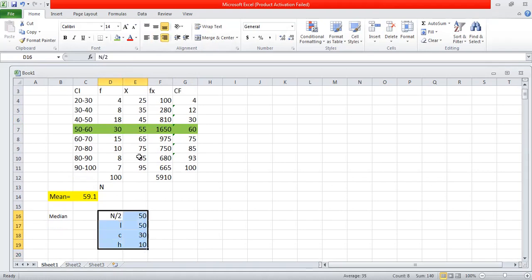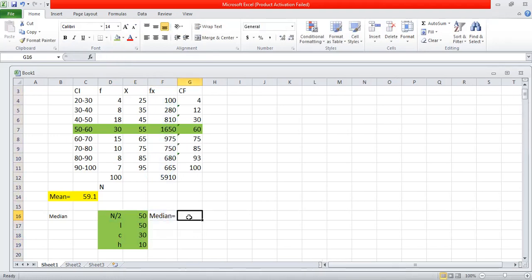From these values, now I'm going to calculate the median value. The green color all indicates values related to median. So what is the median formula now? Substitute in the median formula. First I'm typing the formula.